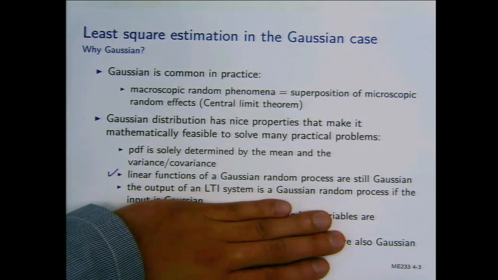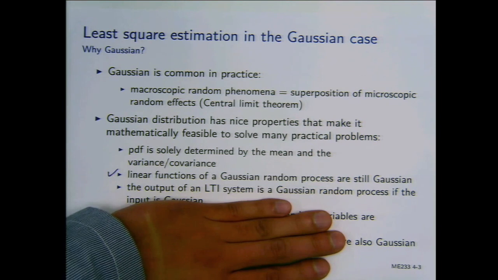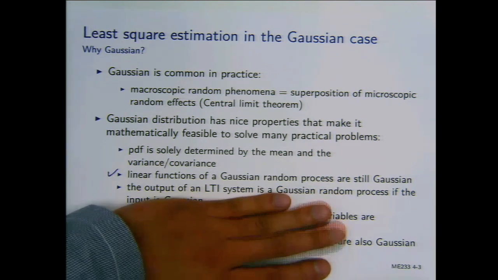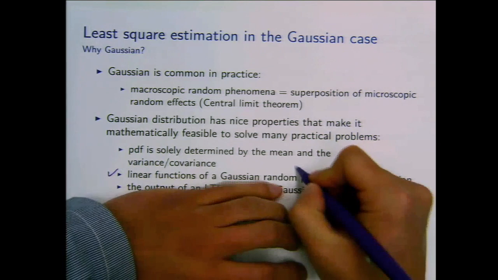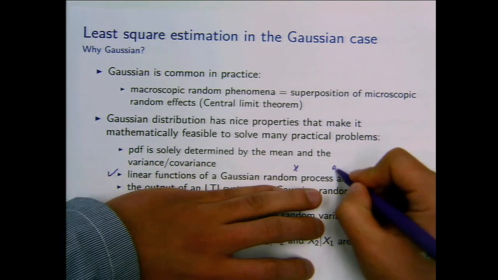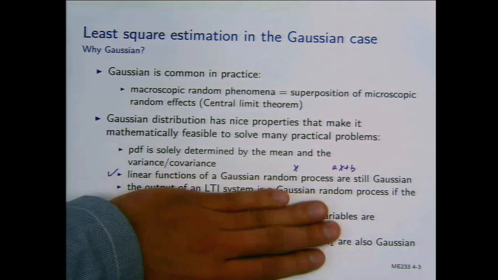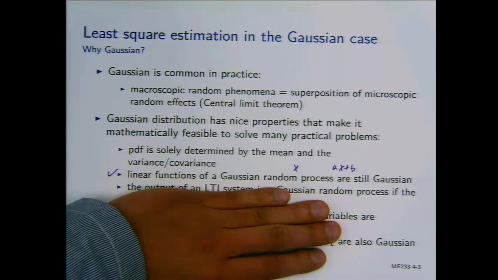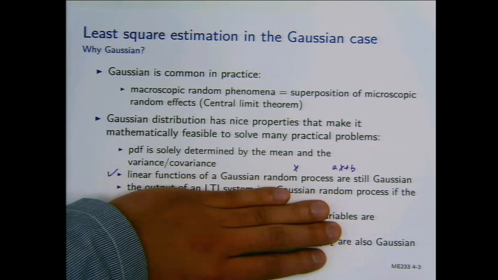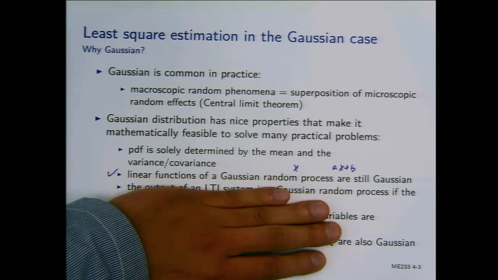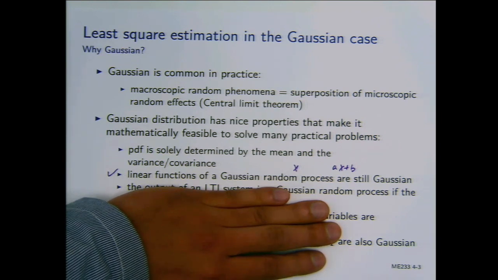Someone tell me why that's the case. Or if I ask you to prove this, what will you do? Linear functions of Gaussian. Let's suppose x is Gaussian. Then I ask you to prove ax plus b is Gaussian. That's true.